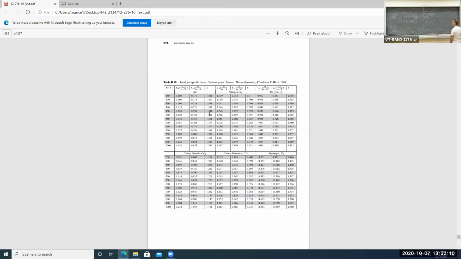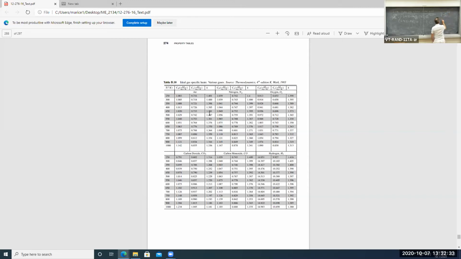Okay, so we have two isentropic property relationships relating temperature, pressure, and volume for a constant entropy process. So let me rewrite these here. T2 over T1 is equal to P2 over P1 to the 1 minus 1 over K, and that's the first one.